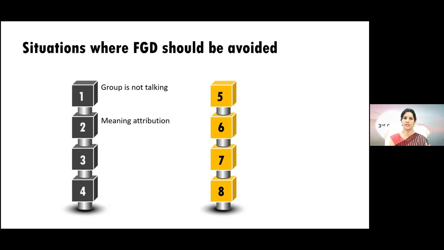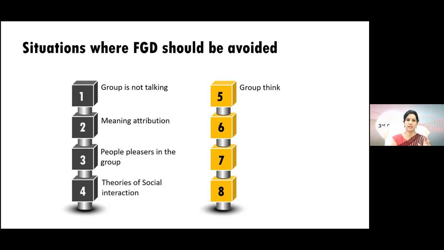The second thing is meaning attribution. Whatever you are saying, the other people are not understanding, meaning the terminology is not the same for everyone, then also you should avoid this FGD. If there are people pleasers in the group, who will say only those things which they think are socially desirable, then FGD is not the right way of data collection.